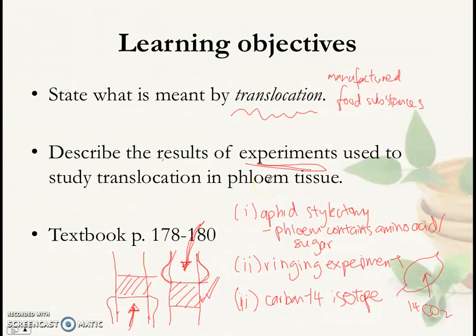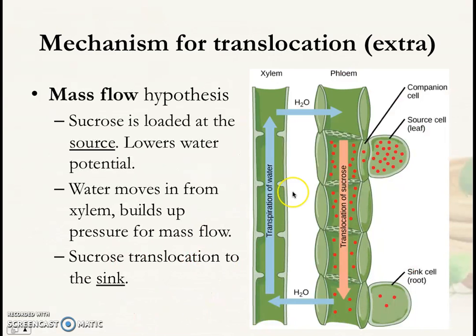Now I'm just going to end off by talking about how translocation occurs. This is a bit extra, but I just thought that some of you might be interested. It talks about the mechanism for translocation, or how translocation is thought to happen.